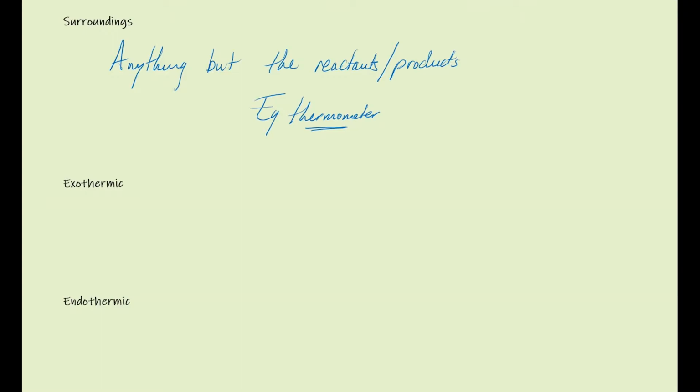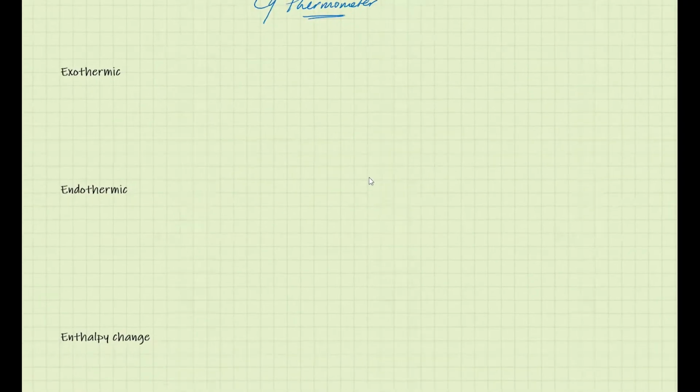Now, exothermic. Exo and endothermic reactions you will have come across at GCSE, and the definition remains the same. An exothermic reaction is a reaction which releases energy to the surroundings from the system.